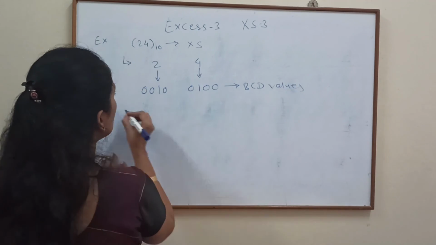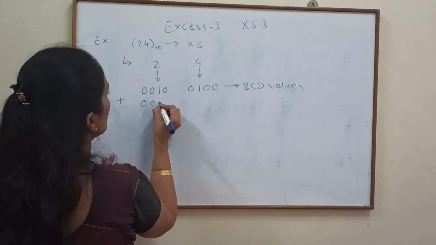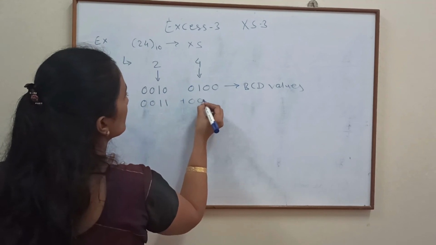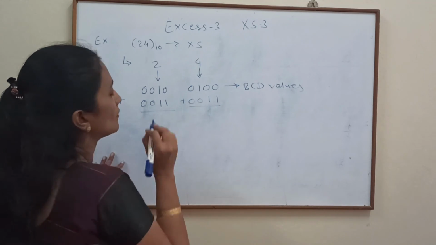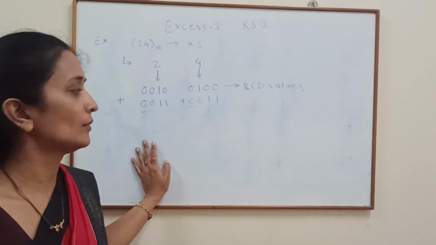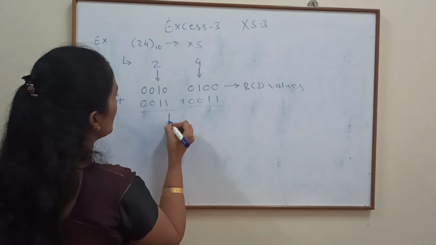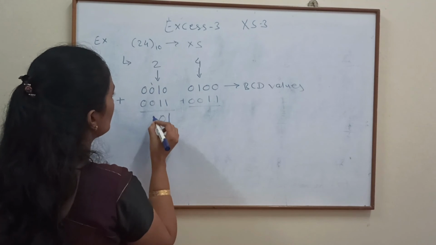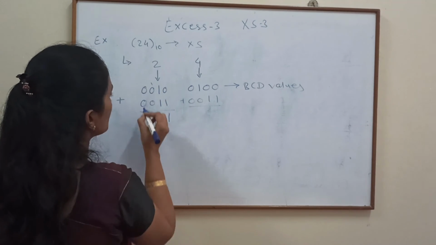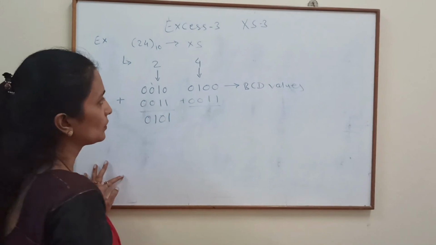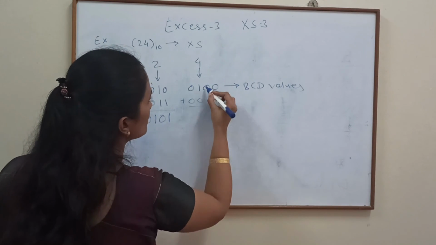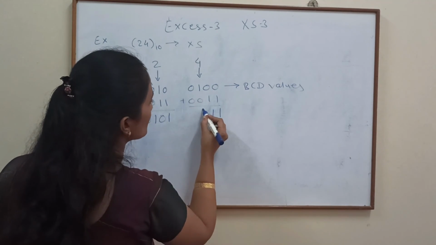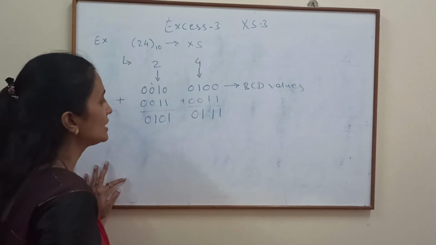In this BCD, we have to add number 3 to get the XS number. 0 plus 1 is 1, 1 plus 1 is 0, carry 1, 1 plus 0 is 1, 0 plus 0 is 0. 0 plus 1 is 1, 0 plus 1 is 1, 0 plus 1 is 1, 0 plus 0 is 0.